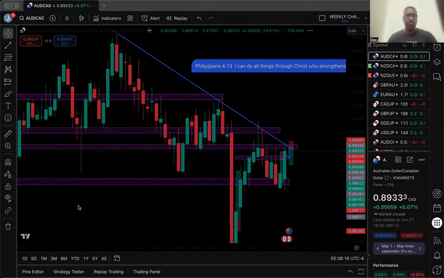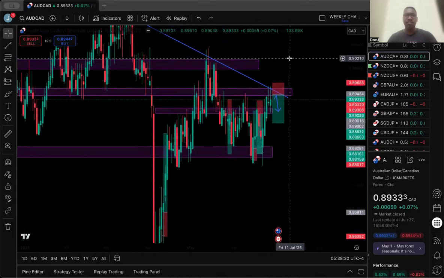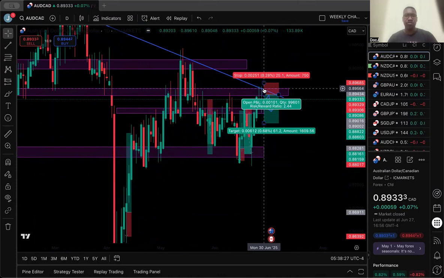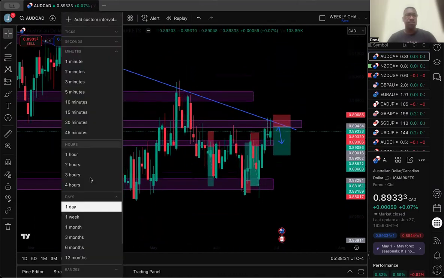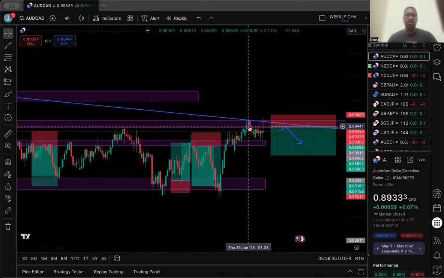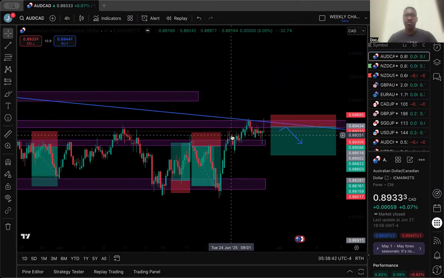If we go down to the daily, we can see we've shown some rejection over the last 2 days of the trading week, so Thursday and Friday. If we go down to the 4 hours, we can see price got all the way up into our area, rejected, retested again on Friday, rejected.